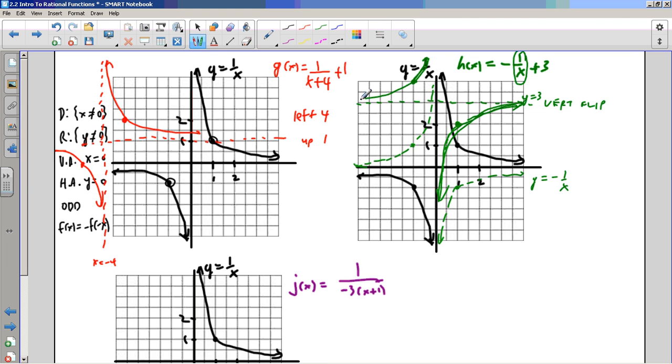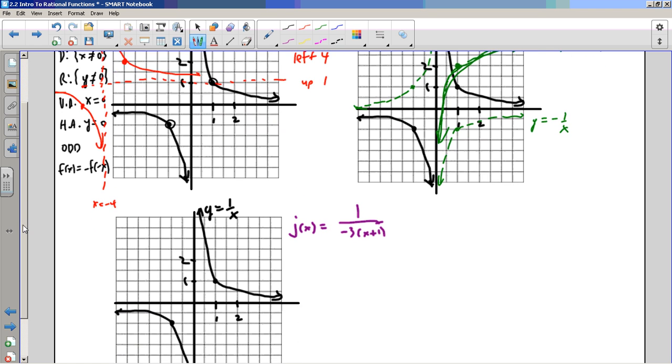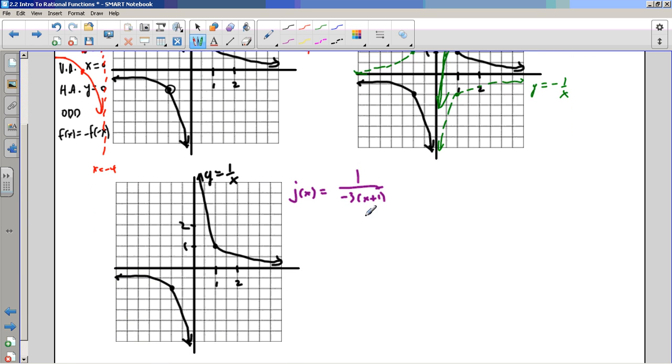Notice that these rational functions are a special kind that can be written as transformations of my parent function y equals 1 over x. Yet last class we did another special case of rational functions, which was reciprocal functions. And notice one way to graph this one would be to graph the bottom, because it is in that reciprocal form.